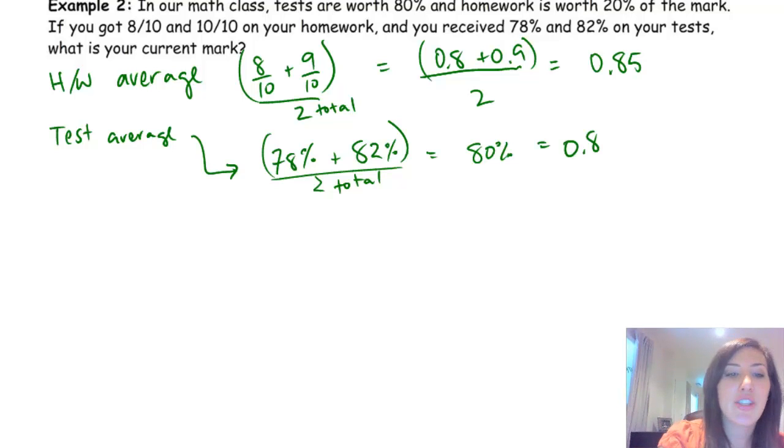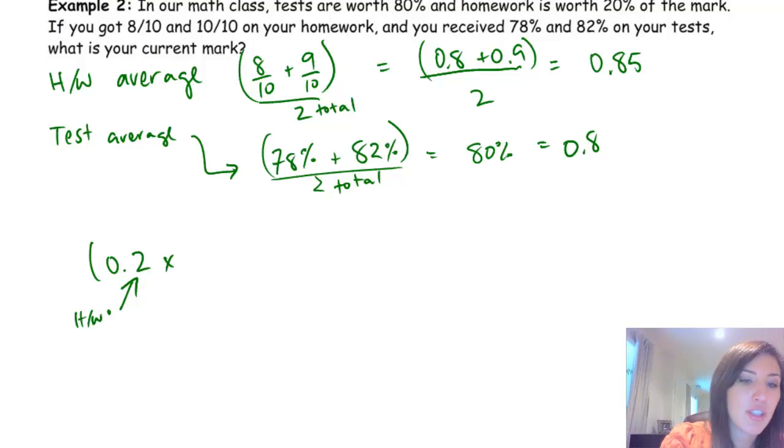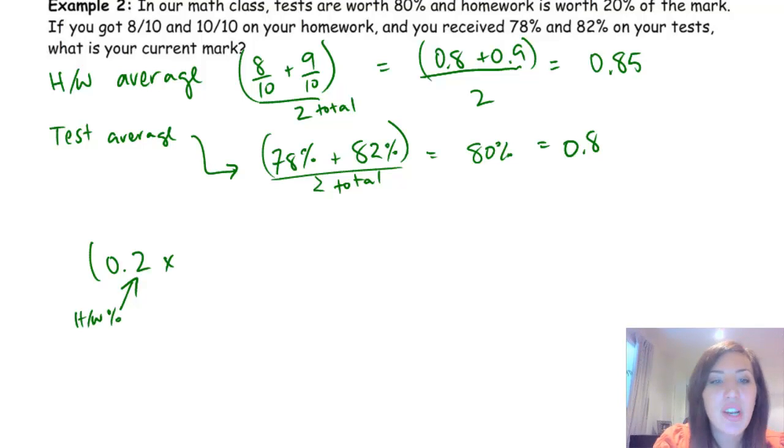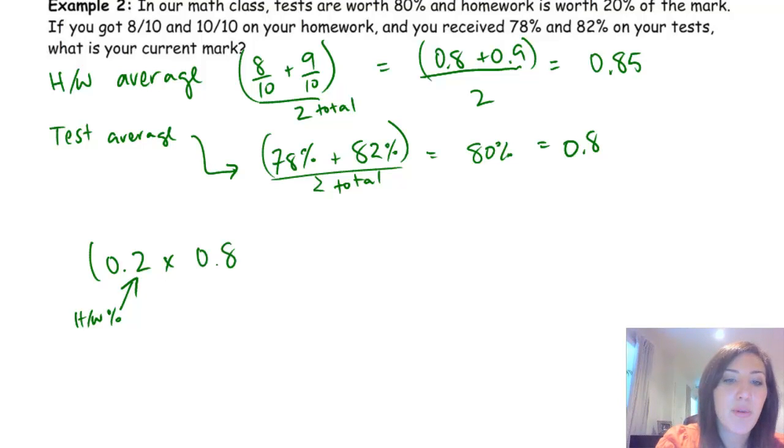So now we just put it all together. Homework is 0.2 of the mark, and you got 0.85 on your homework, so that's your homework mark.